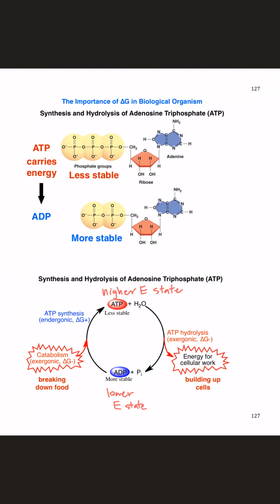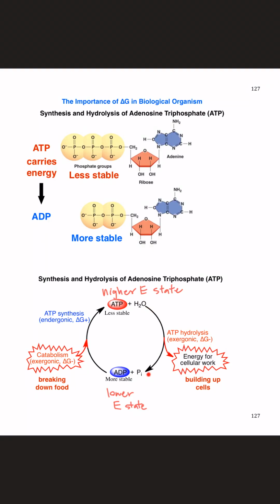Okay, so what happens when our body needs to use energy to build up cells? This is when our body will need to break down the ATP molecule by going from the higher energy state to the lower energy state. By doing this, the process releases energy, and this process would be spontaneous because it is exergonic, where the delta G would be a negative value.